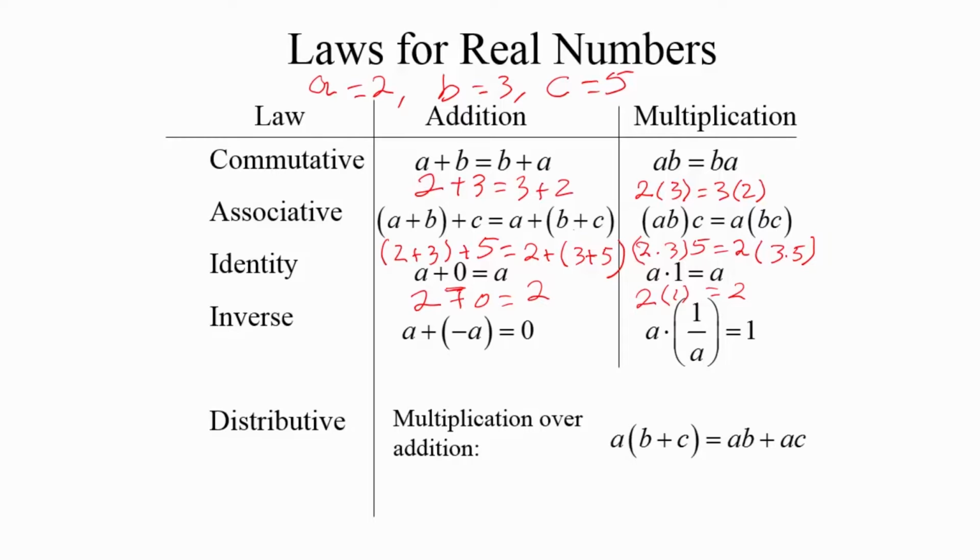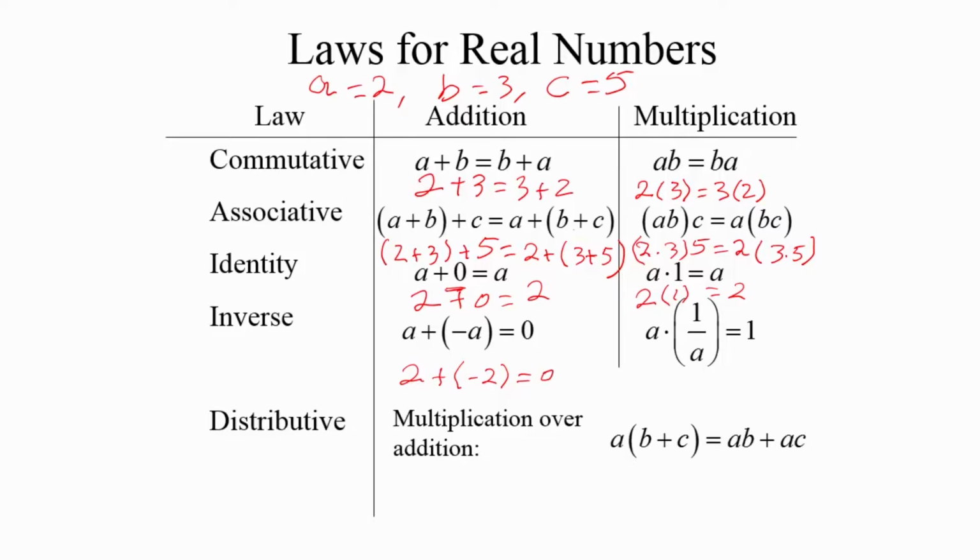The fourth law of real numbers, the inverse law, says a plus negative a equals 0. So if you add to a number a negative of the same number, you end up with 0. So in this case, you say 2 plus minus 2 equals 0. And that is correct, right?